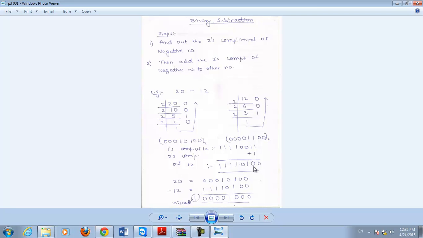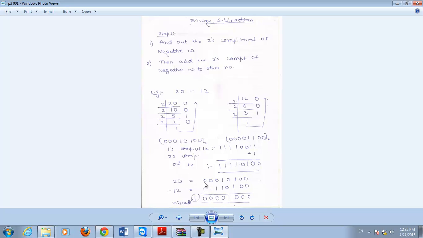Now, after finding out the 2's complement of the negative number, आपने 2's complement निकाला 12 का, you simply have to add the 2's complement of 12 with 20. Means 20 का आपने 2's complement नहीं निकालना because 20 is a positive number.